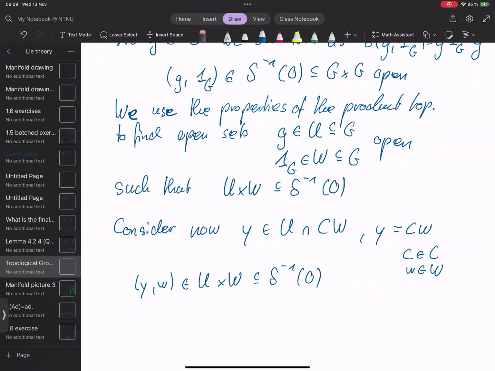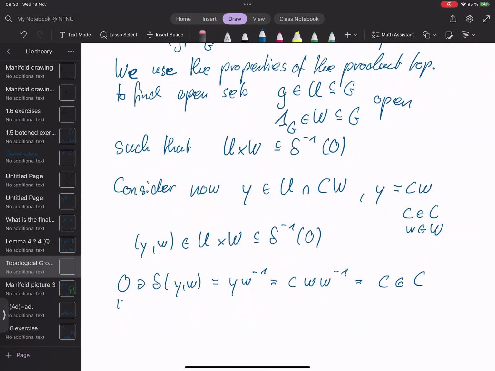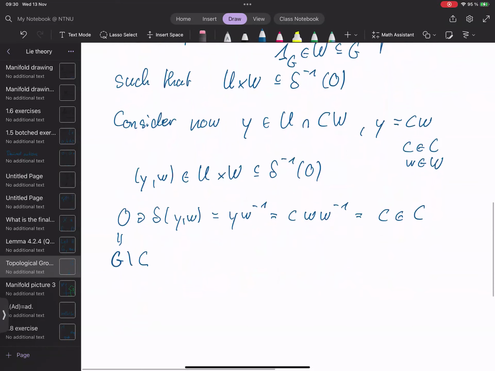If I compute delta of (y, w), this is by definition y times w inverse, and so we know that this needs to be in O. But since y is c times w, we have c times w times w inverse, so this is equal to c. And this is also inside of C. But now we have a problem because by definition, O was the complement of C. So such a y cannot exist.